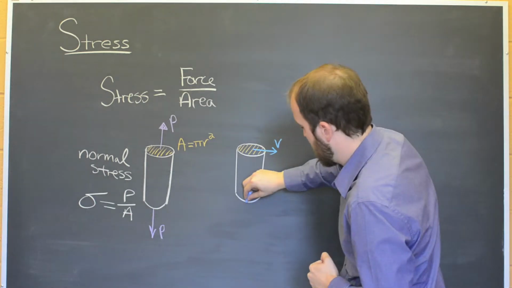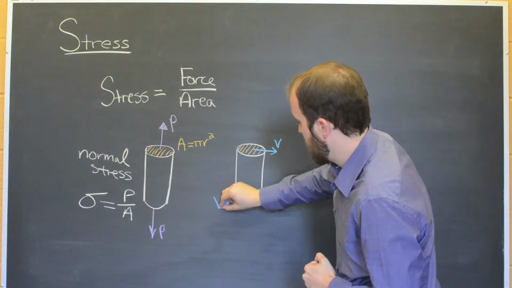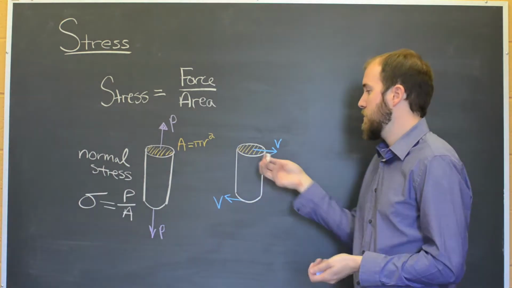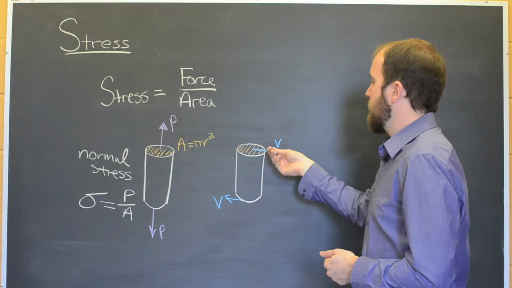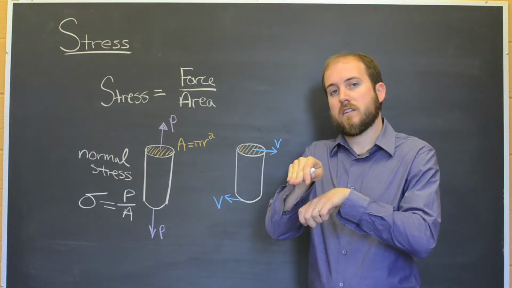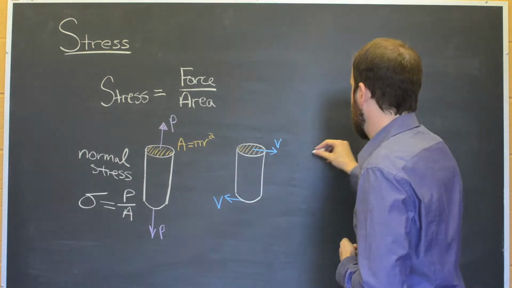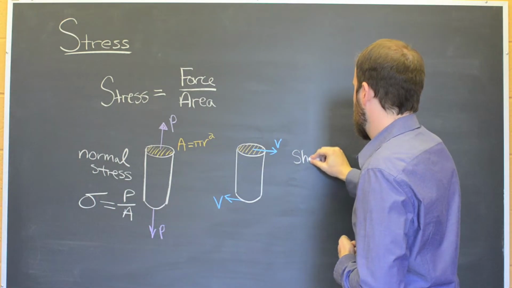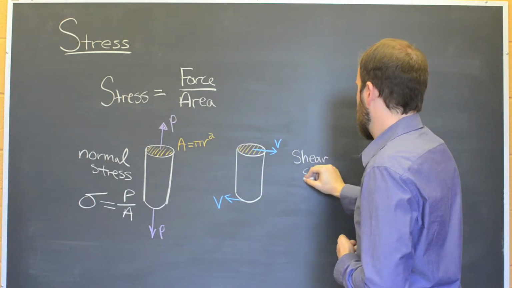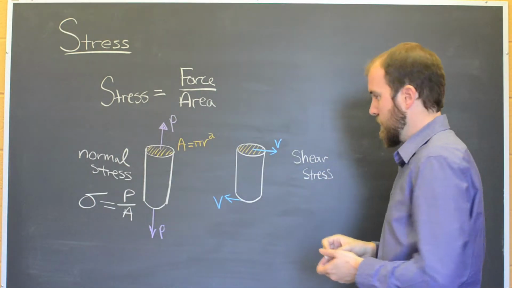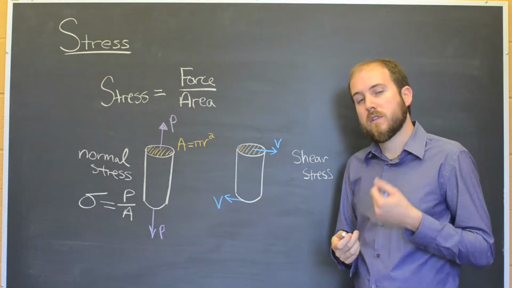And of course we need an equal and opposite force acting at the bottom of the rod. This force is acting parallel to that cross-sectional area and is described as a shear stress. A shear stress is typically denoted with the Greek symbol tau.